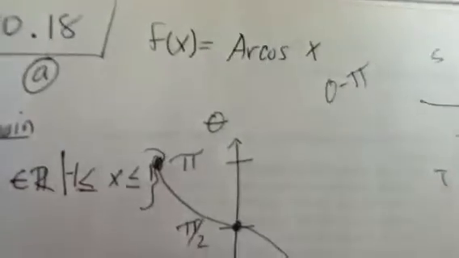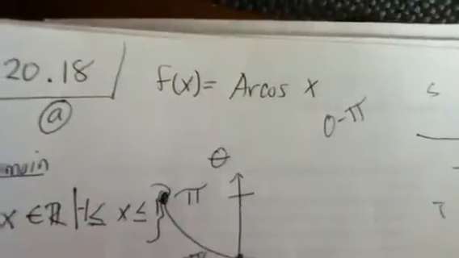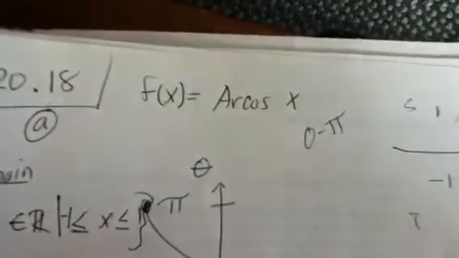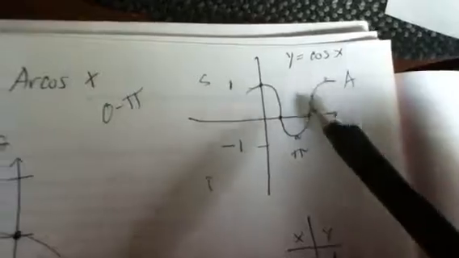And so this is an inverse function, so that means if I know the ordered pairs of the original function, I can just swap them. I can exchange the x's and the y's. So I just graphed the regular y equals cosine x, and then I picked 5 points that I know, because I have this graph memorized.